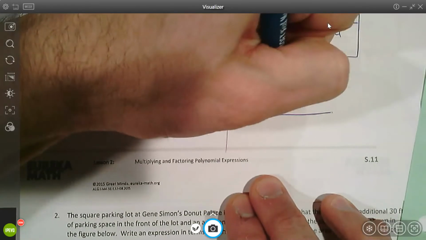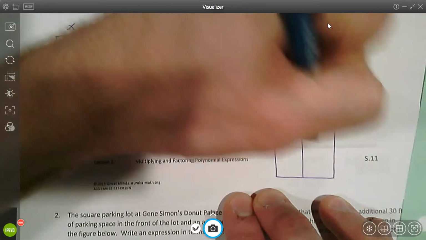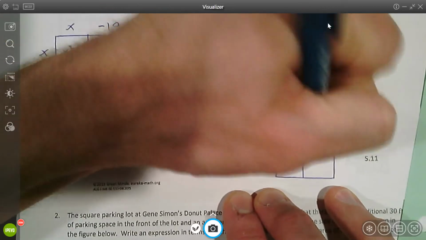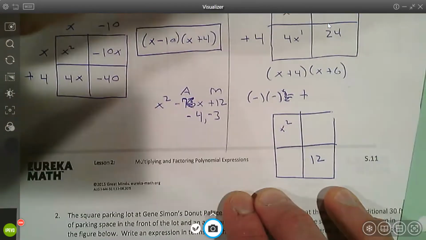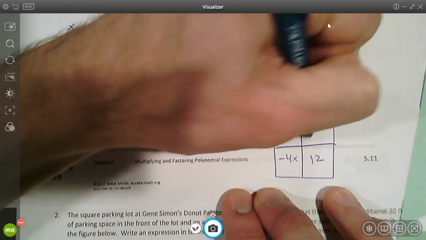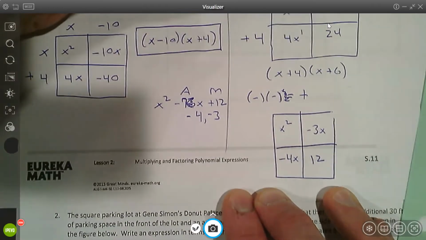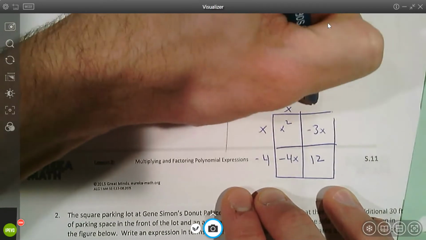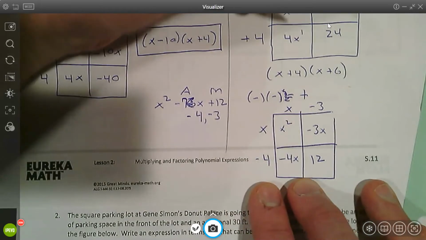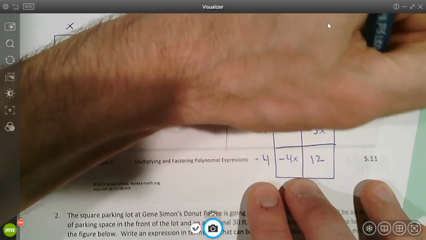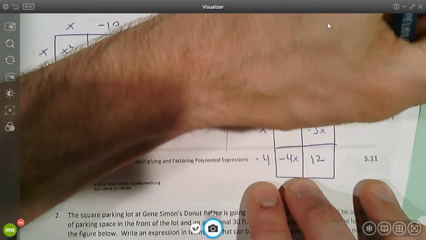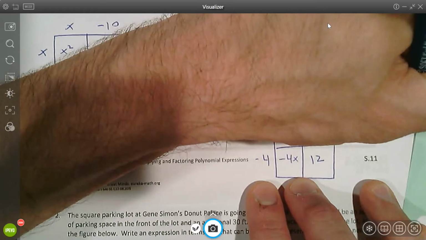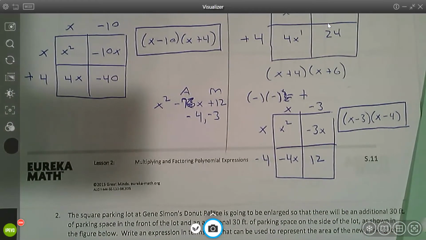So here I'd be looking at x squared plus 12 minus 4x minus 3x. Going through my GCFs, x minus 4, x minus 3. So my factors are x minus 3 times x minus 4, and that's my solution.